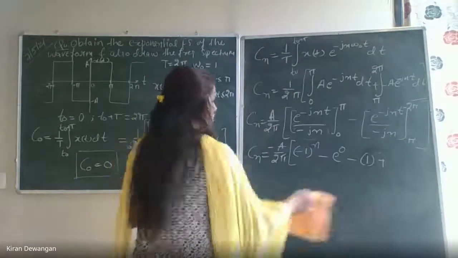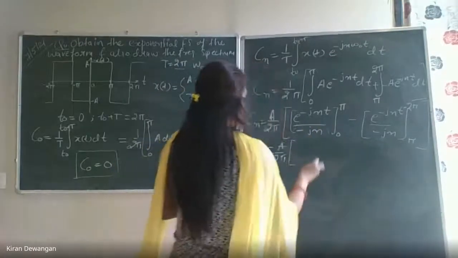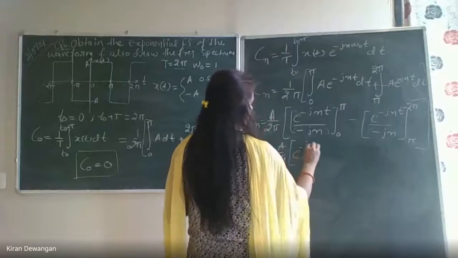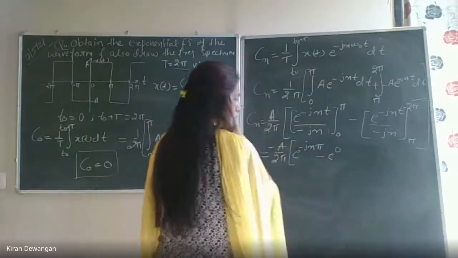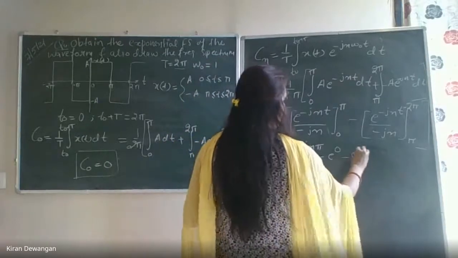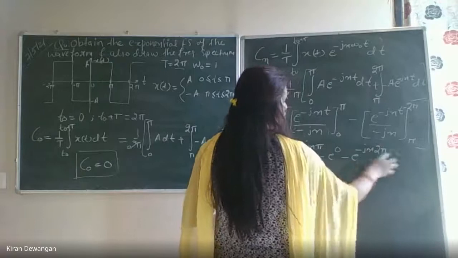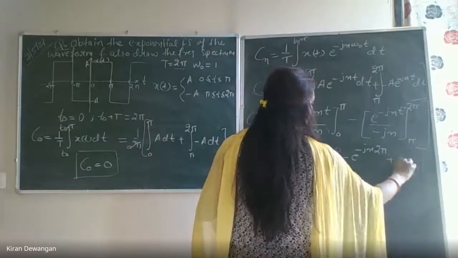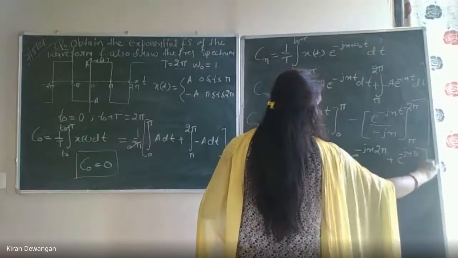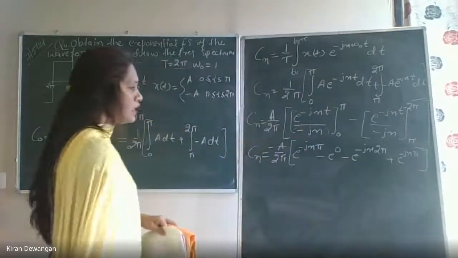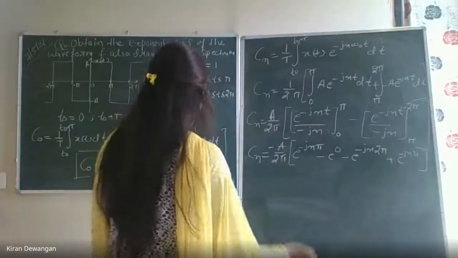Let me write one more step of it, then it will be better to know. Okay, this becomes e to the power minus j n pi minus e to the power 0. Now this becomes e to the power minus j n 2 pi. Now minus is already there, minus e to the power minus j n pi. Here I am having two terms of minus e to the power minus j n pi.